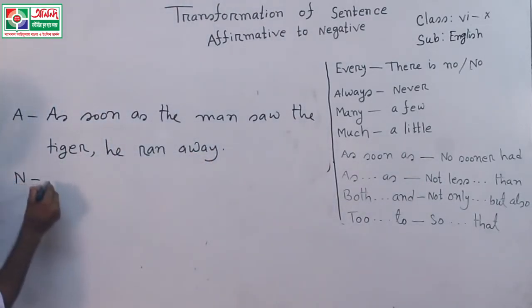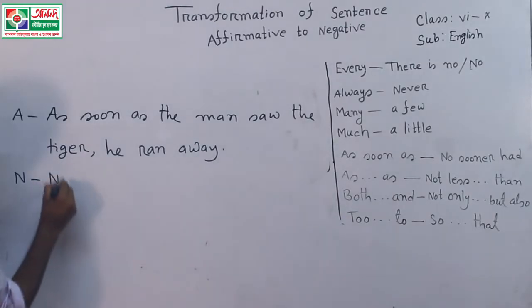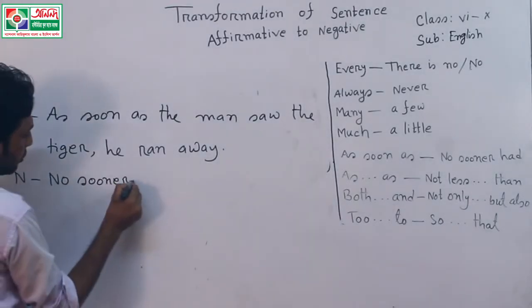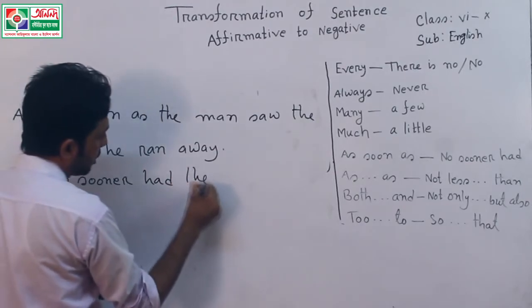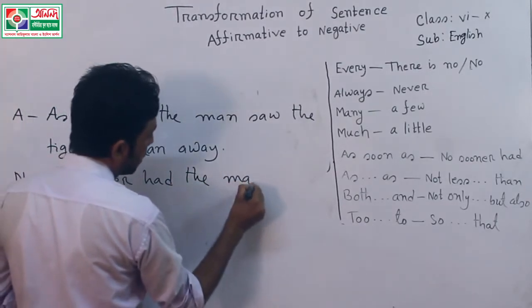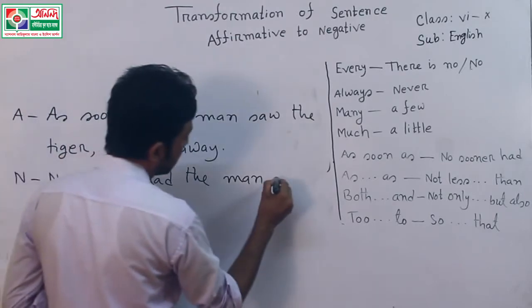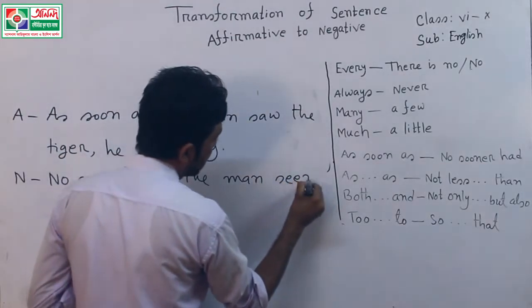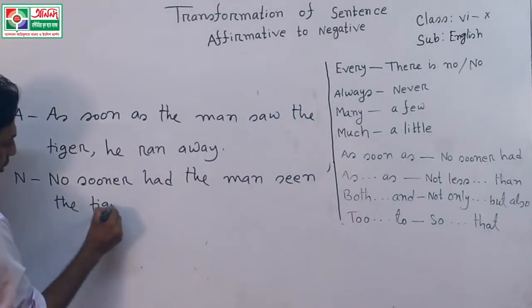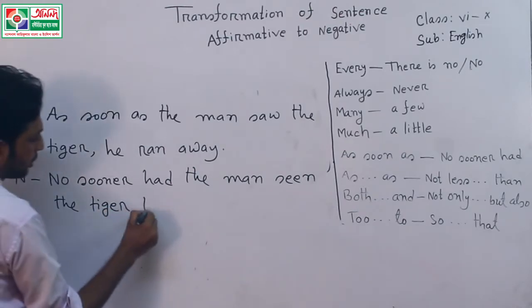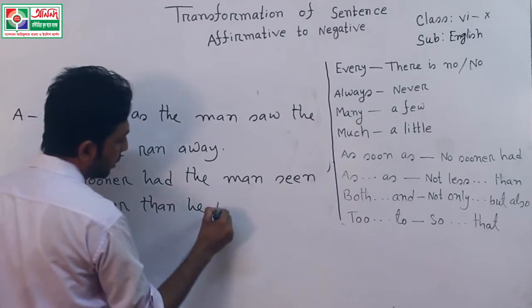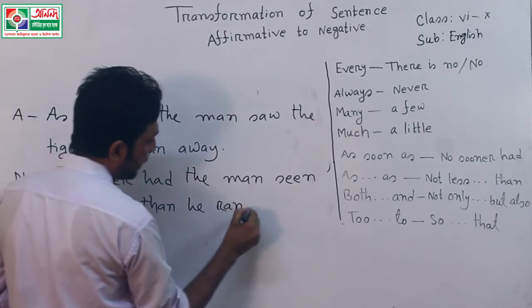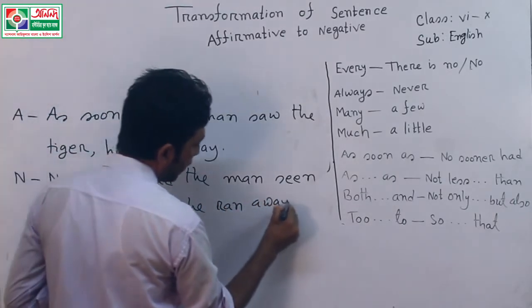Negative sentence. No sooner had the man seen the tiger, then he ran away.